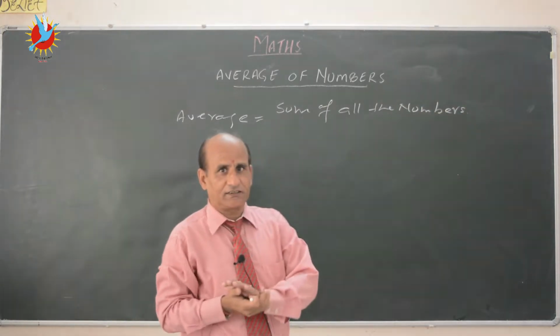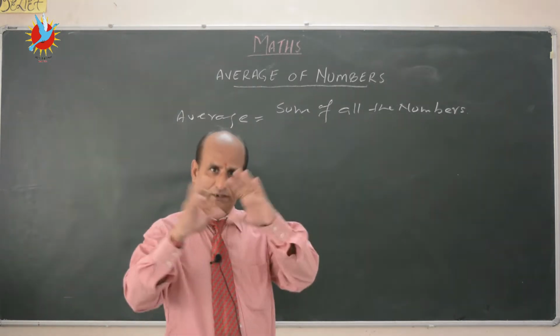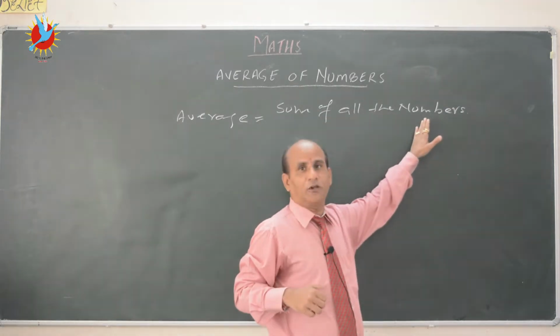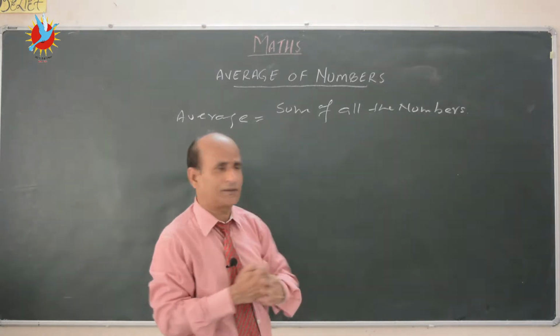If it is height, then sum of heights. If it is sides, then sum of the sides. So whatever is given in the question, you can use that word in place of numbers. If numbers are given, then you can use sum of all the numbers.